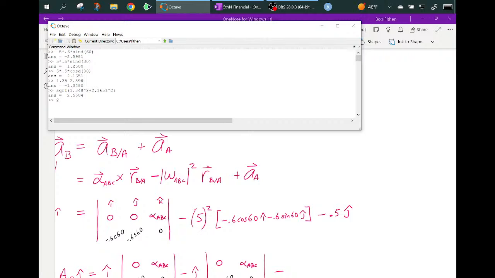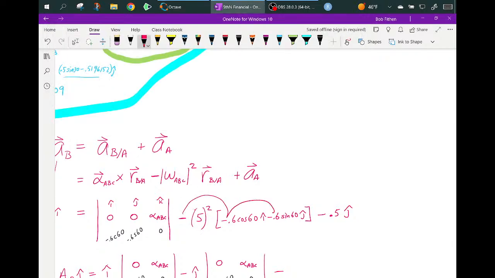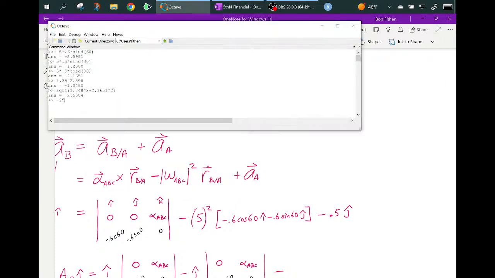So first of all, I've got 25 on the outside. And I might as well carry the sign. And this 25 times, but everything is a minus, in other words. So I think I'm legitimate in dropping everything. 25 times 0.6 times cosine degree of 60. 7.5 for the first one.